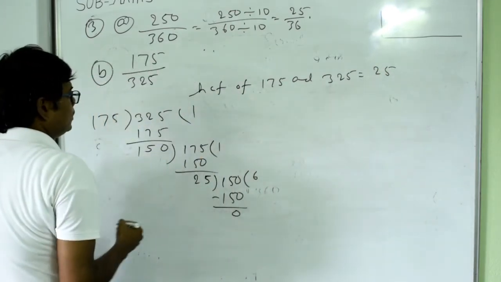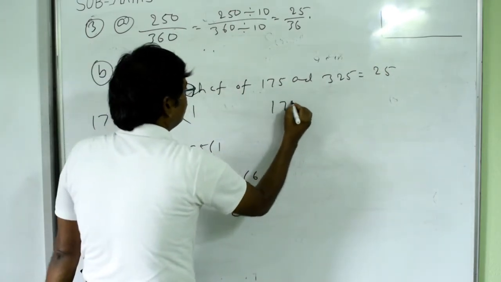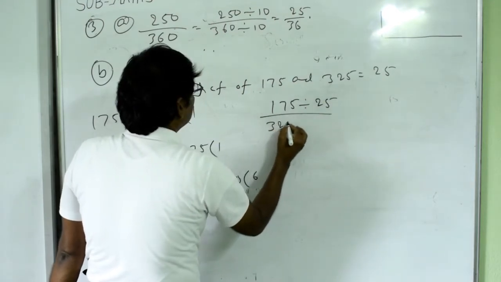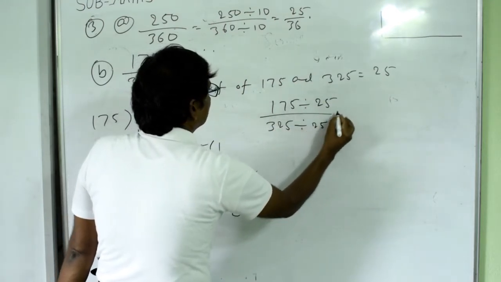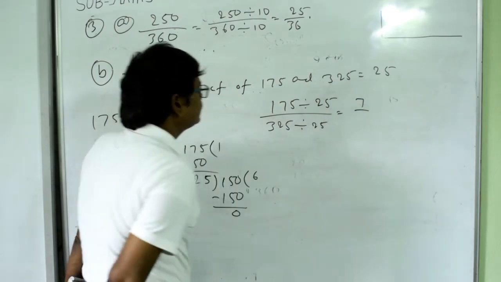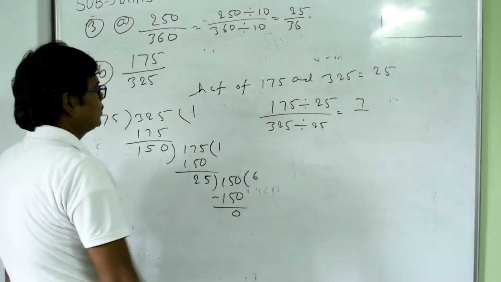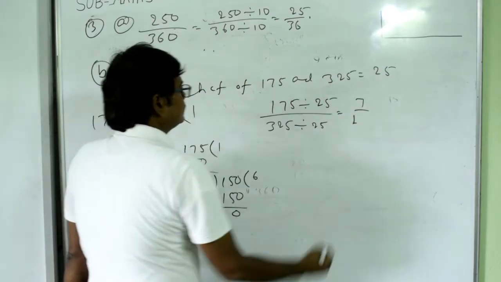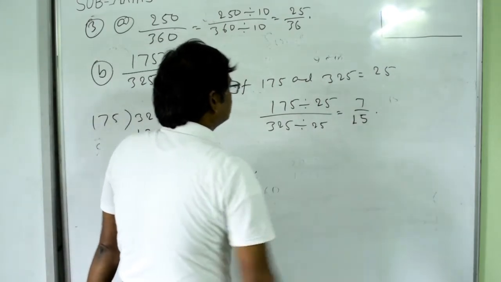Therefore here you will divide 175 by 25 and 325 by 25. Then here it will be how much? I think this is the answer.